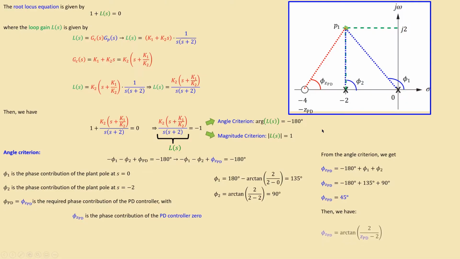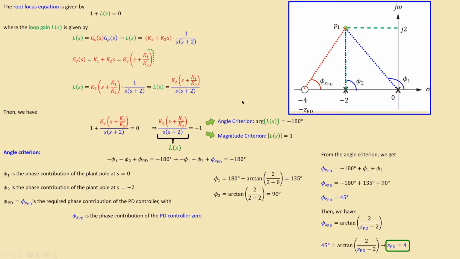So I can then say this phase is equal to arctangent of this height divided by this value, which is still unknown, minus 2. I have done this here. If you do the math here for yourself, just substitute the values for phi z of PD, I will have exactly 4. That is, this one is my 0 location, which is now here given as minus 4.